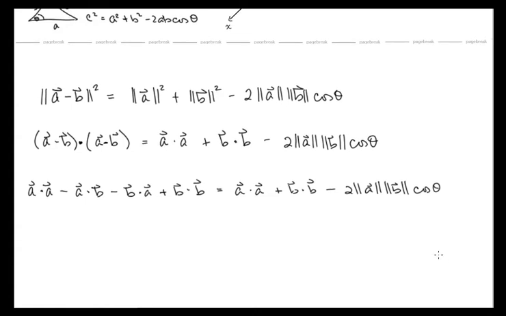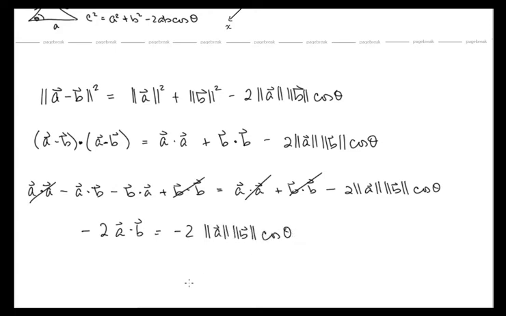And we can cancel additively here. And notice that these A dot B and B dot A, those are the same. So this is negative 2 A dot B is equal to negative 2 length of A, length of B, cosine theta.